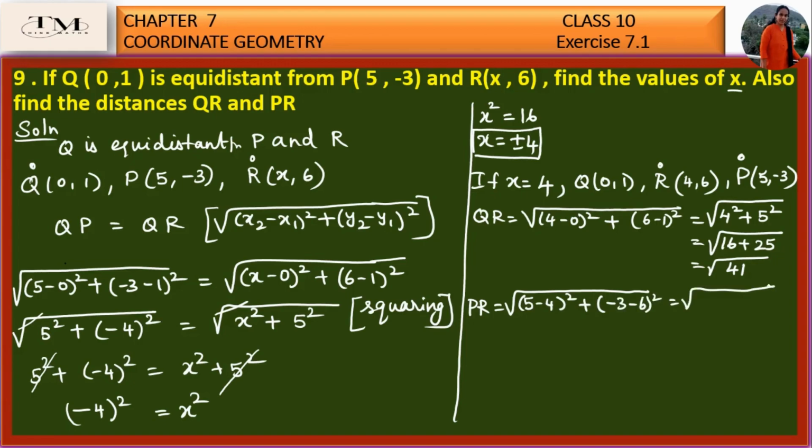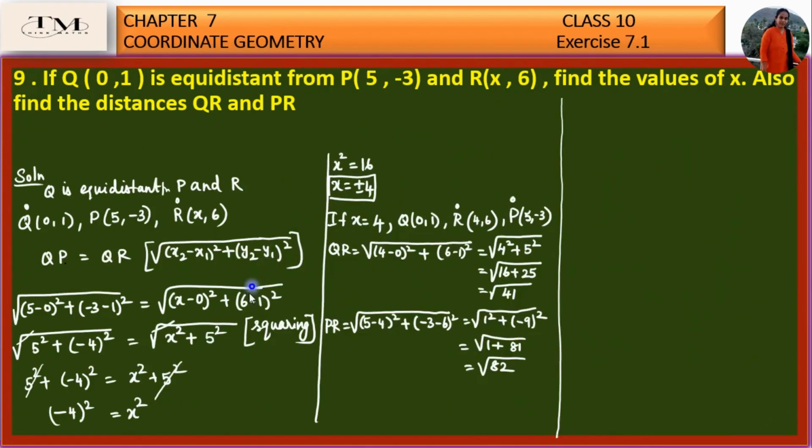Which is equal to square root of 5 minus 4 is 1 square plus -3 minus 6 is -9 whole square. So 1 square is 1, (-9) whole square is 81. So you will get square root of 82. So we got QR equal to root 41, PR equal to root of 82. Now if x is equal to minus 4, it can be done on the next page.